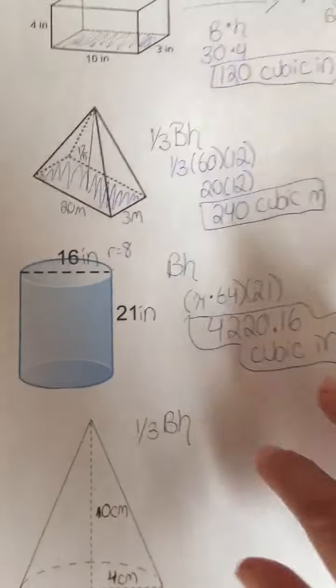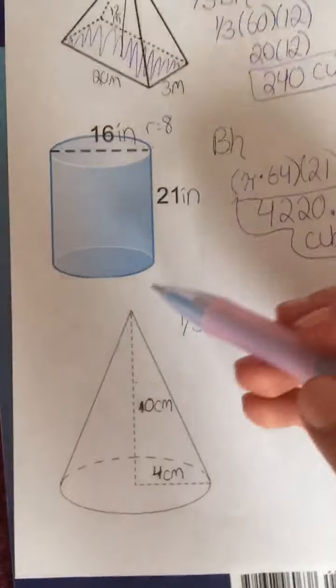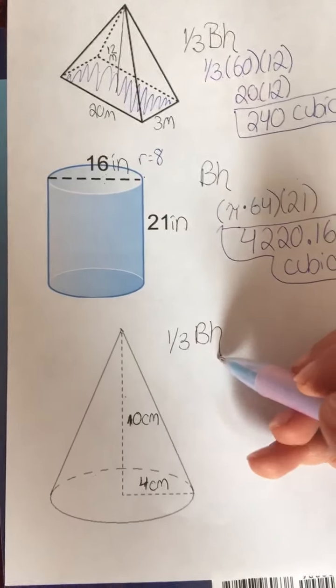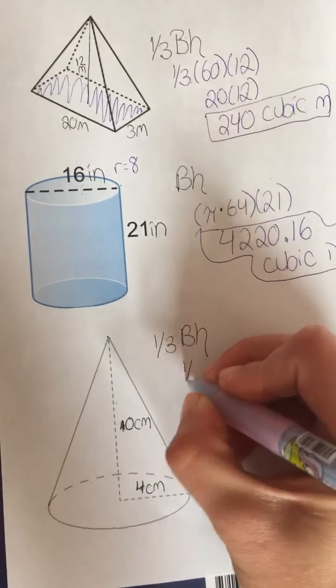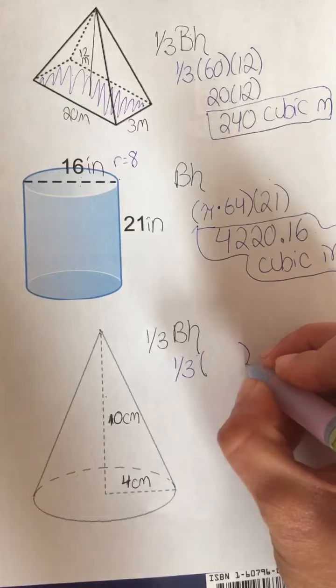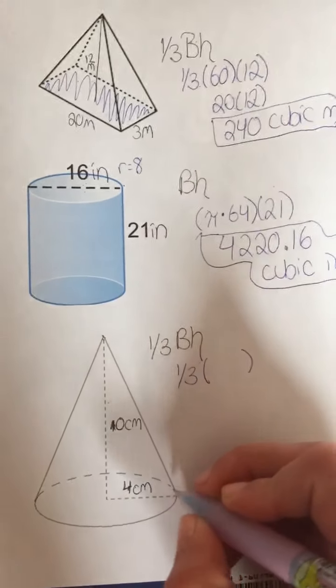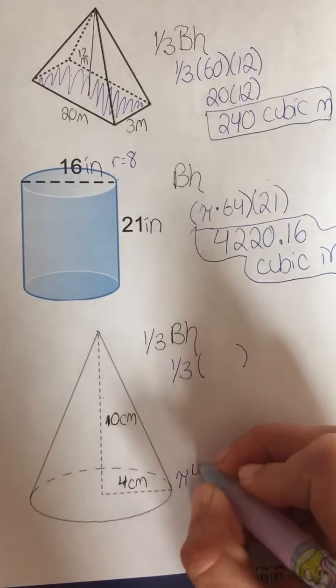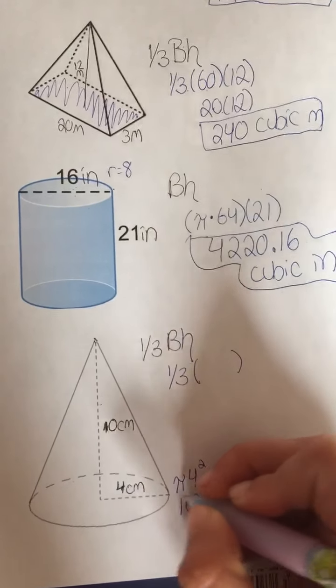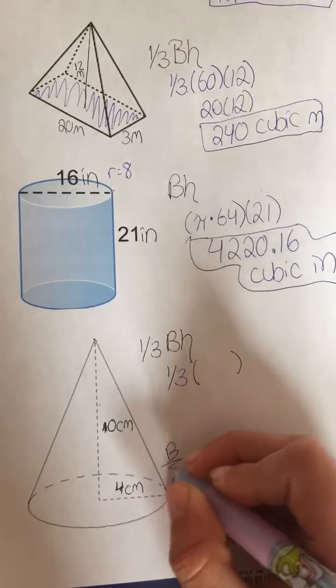I would accept it. Okay, and then our last one, we have our pointy tip and wide opening. So we're using 1/3 area of the base times the height. So we can set it up. 1/3. Area of the base, again, is a circle, so it's pi r squared. So it's going to be pi times 4 squared. 4 times 4 is 16, so 16 pi for our area of the base.